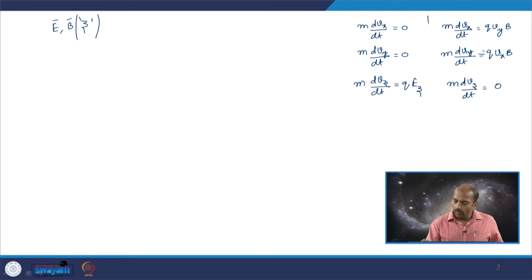So, we will have to combine these two equations for a successful description of the picture. The z component of velocity will not be influenced by the magnetic field. Why is it? Let us redraw the figure for our reference.